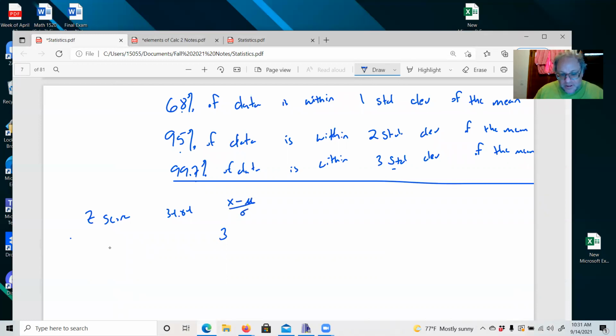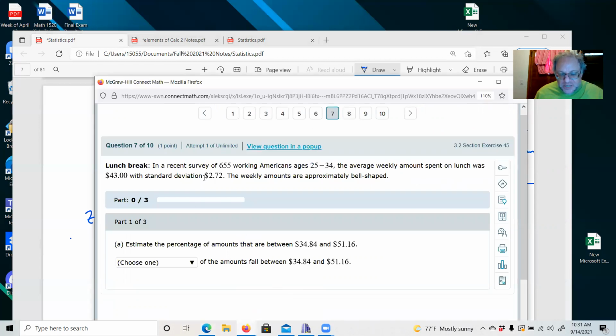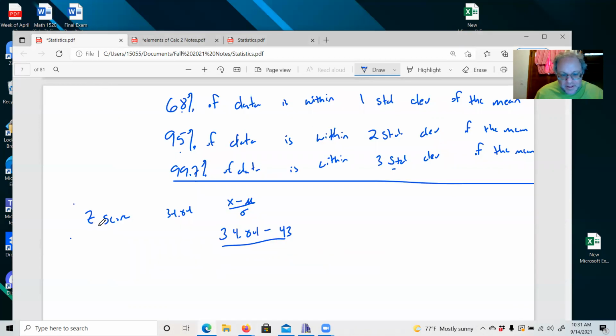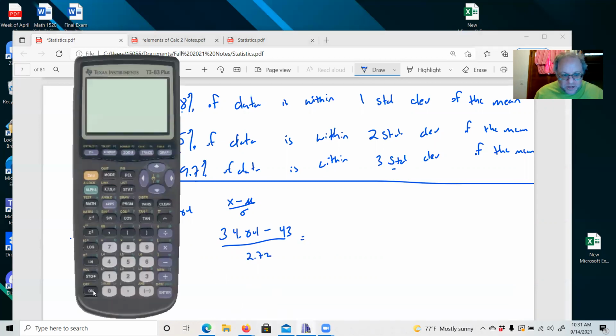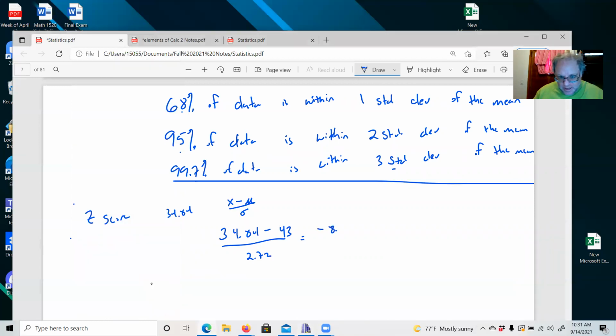So we have 3484 minus 43 divided by, what was their standard deviation again? Their standard deviation was 272. So divided by 272. Great, 3484 minus 43 equals 816.